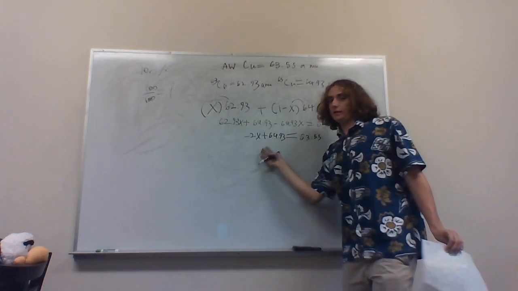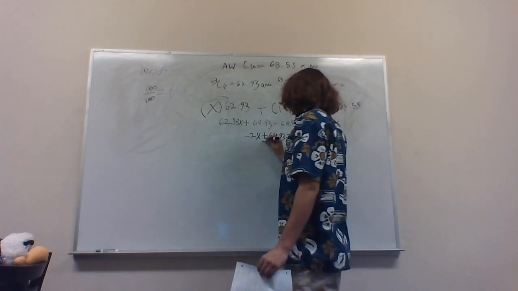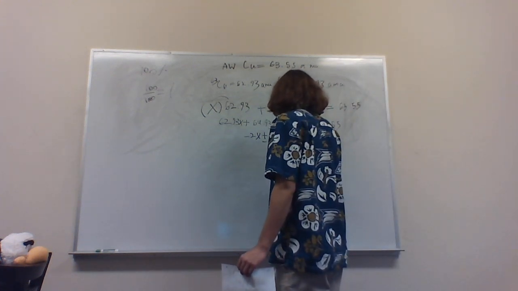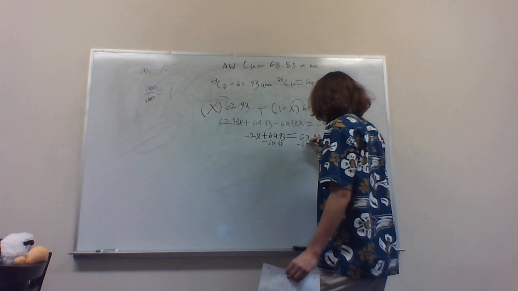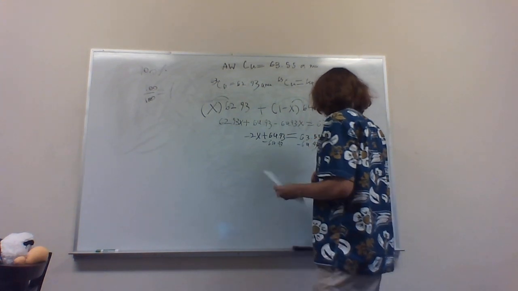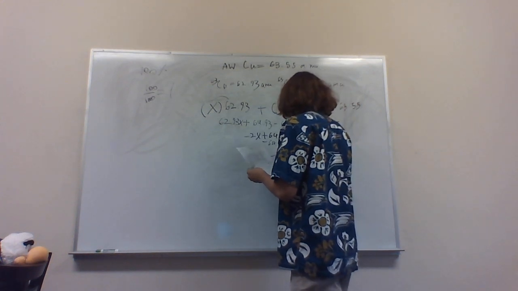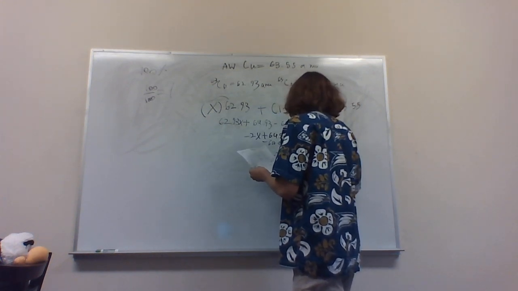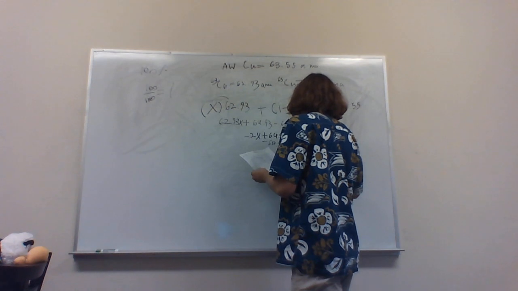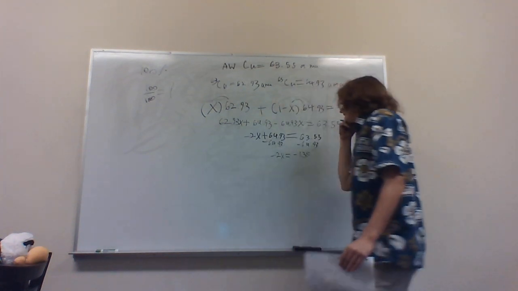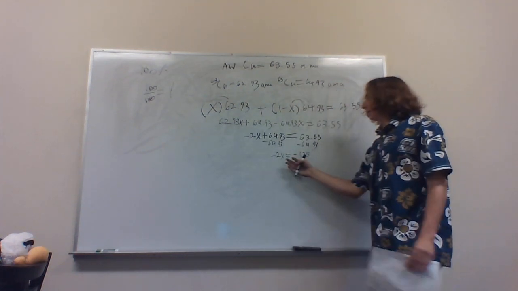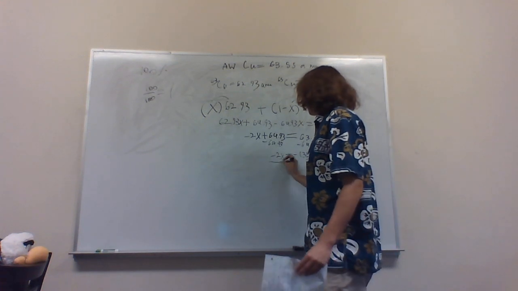Now we need to get x alone. To do that, we subtract 64.93 on both sides, and this leaves us with negative 2x is equal to negative 1.38. Now to remove the negative 2, we divide by negative 2 on both sides.